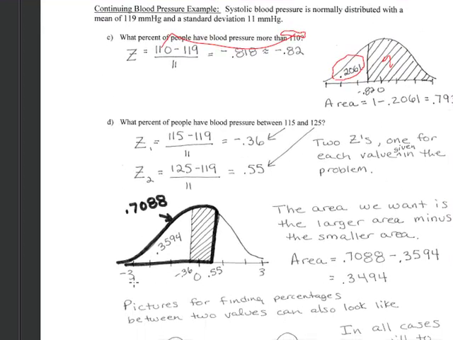When we draw our picture, our first Z was here at negative 0.36, the second one 0.55, and we want the area in between those two.